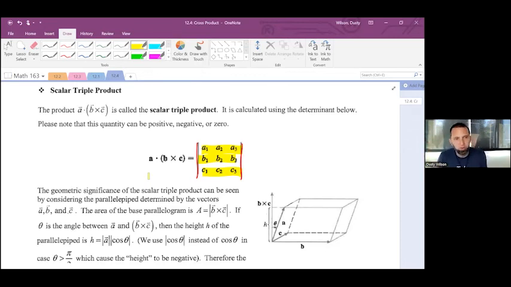You can work it out if you want to see it more clearly. But what we're really interested in here is the geometric interpretation.